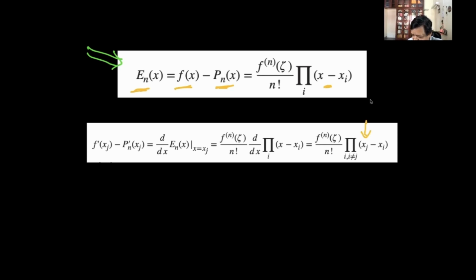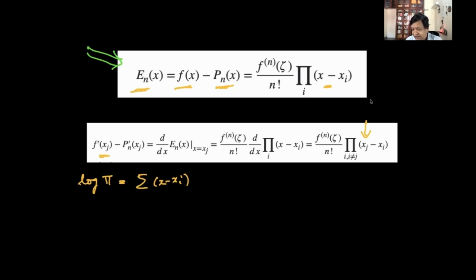The derivation is pretty straightforward. You take a log of this product, and the log of this product becomes a sum, right? Sum of log of (x minus x_i), and follow this after that. Then substitute x equal to x_j. You will get that.